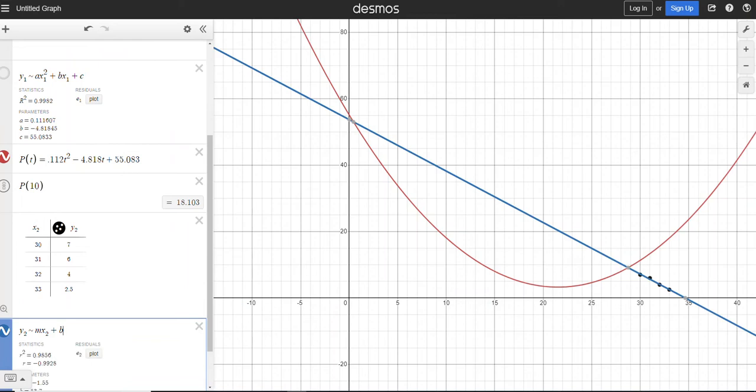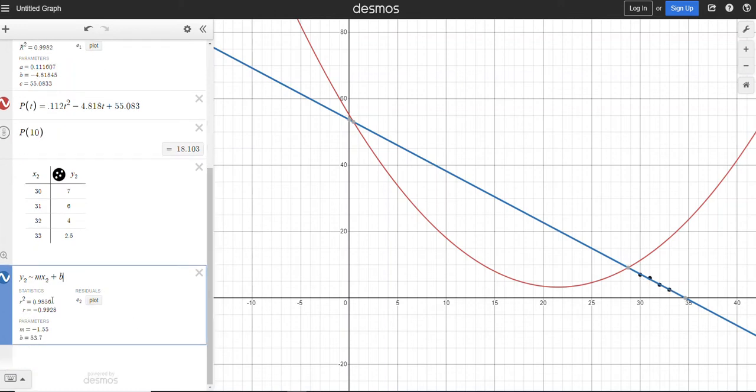And looking over here where I actually have the points, again, the points are really close to the line, so I feel like it's a pretty good fit. My r squared, 0.985, great r squared, and there's the slope and the y-intercept. So the m, negative 1.55, and the b, 53.7.